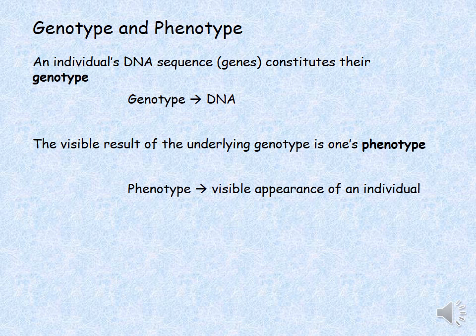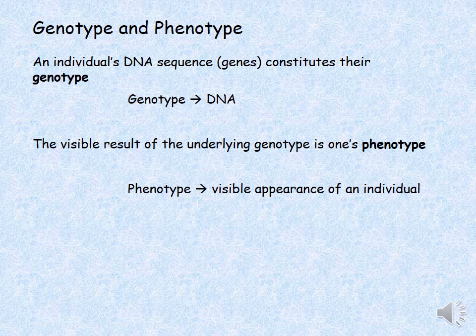Phenotype is the visible result of the underlying genotype. So purple versus white. If the genotype is big T, then the phenotype would be purple. The phenotype is the visible appearance of that individual.